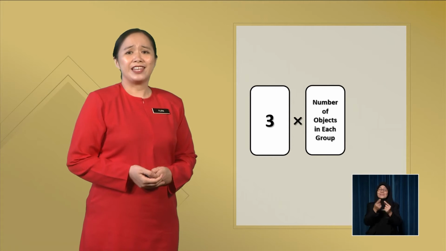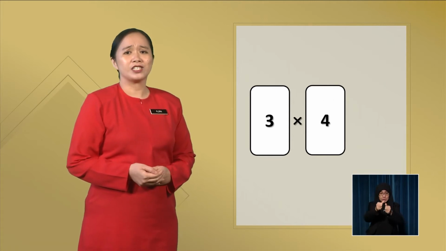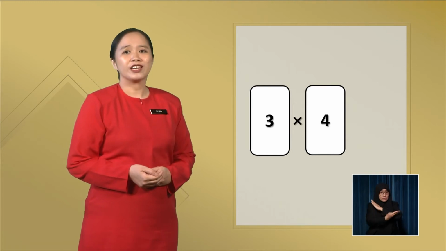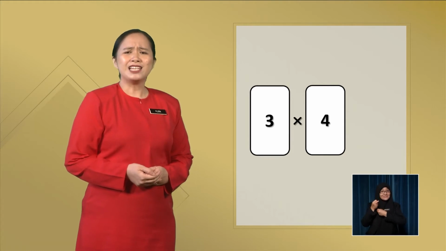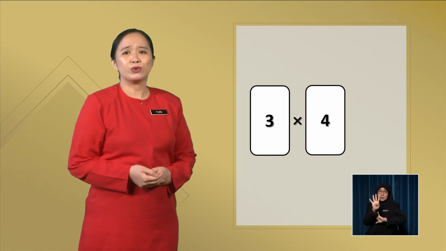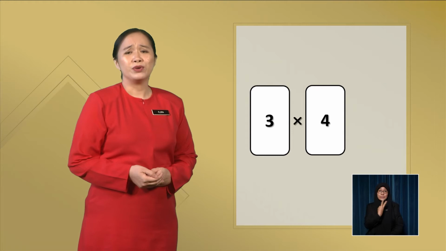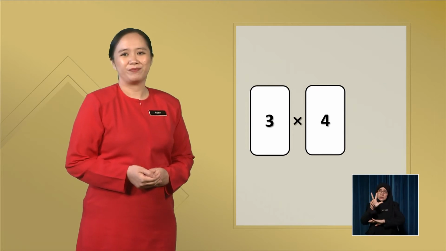Exactly, there are 4 in each group because each basket has 4 cartons of chocolate milk. Let's write the number 4 followed by the equal symbol. We have now written 3 times 4.